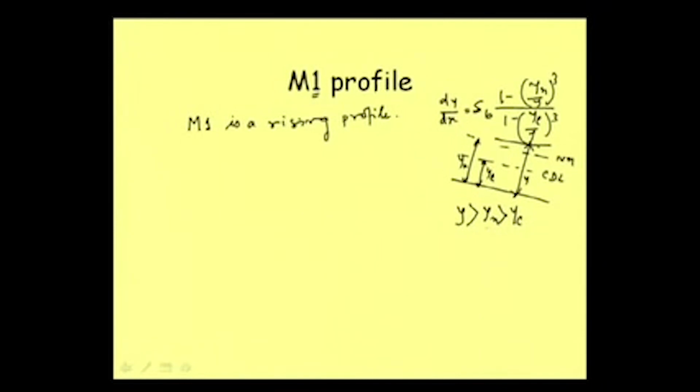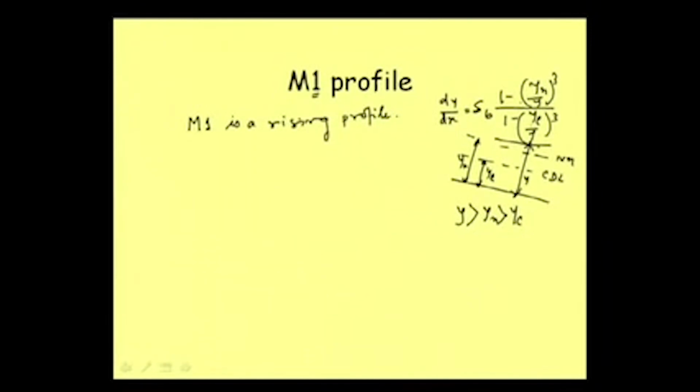And then if it is like that, this ratio yn by y is becoming a fraction, as yn is smaller than y. The cube of the fraction is definitely less than 1, and 1 minus something less than 1 is positive. Here also yc by y is a fraction, its cube is a fraction, and 1 minus a fraction is also positive.